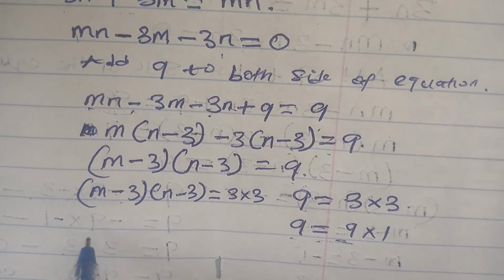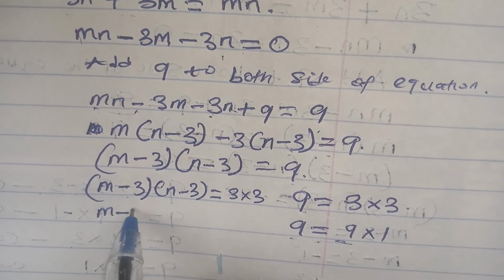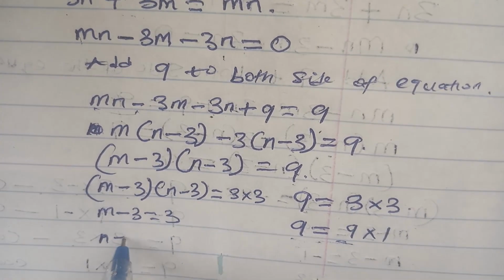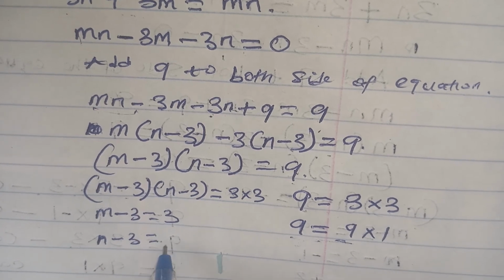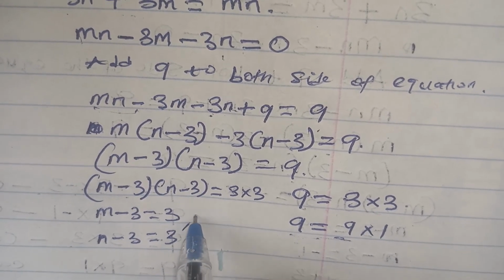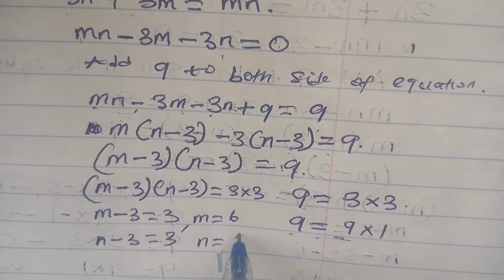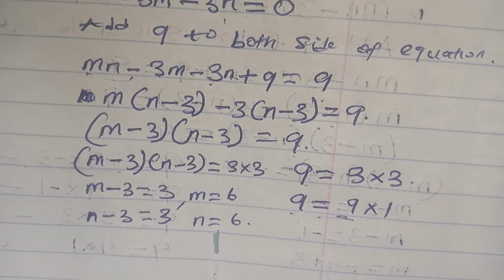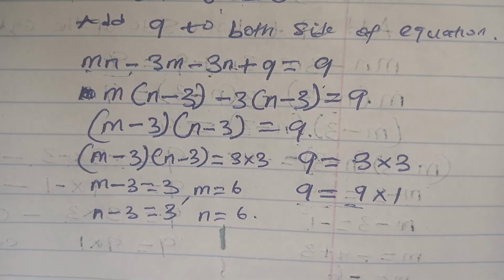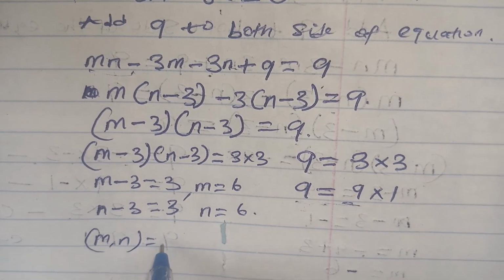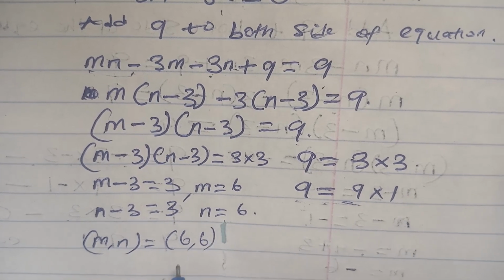So m minus 3 is equal to 3, n minus 3 is equal to 3. So from here we can say our m is equal to 6, our n is equal to 6. So the first value for m and n is 6, 6.